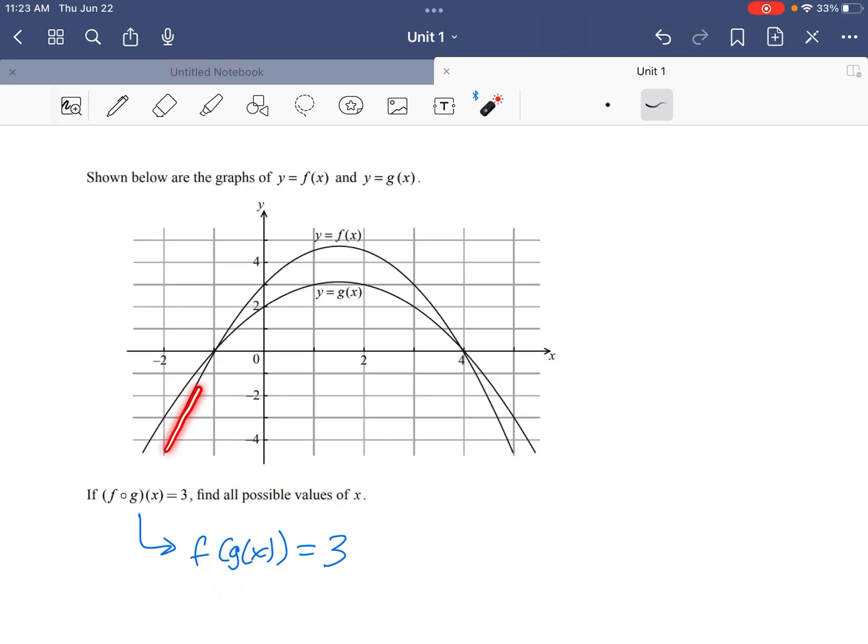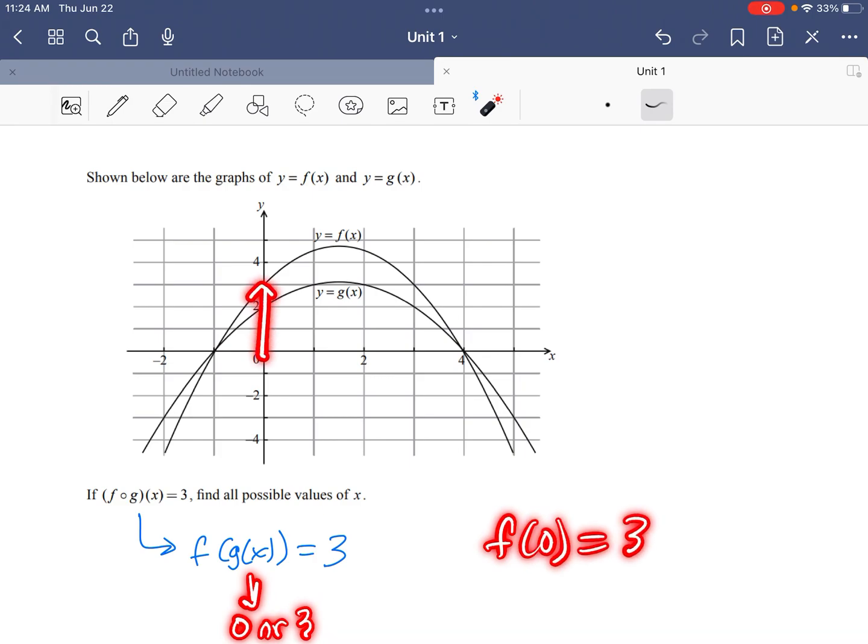So let's look along this f function and let's see, when is the answer 3? So I basically want to know, when is the graph touching a y value of 3? That happens at 0 and at 3 itself. So I need this to be 0 or 3, and then I'm going to get what I want, because f of 0 is 3. That happens right here.